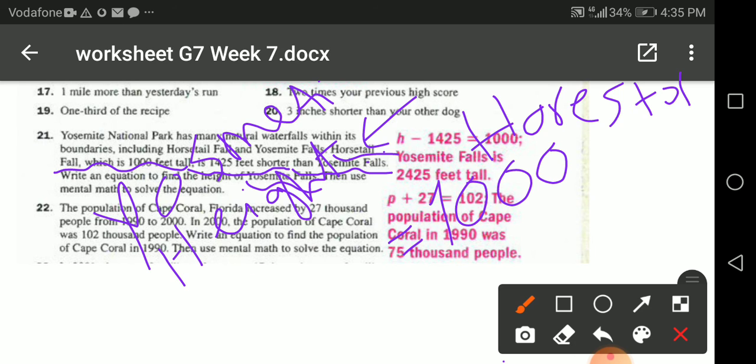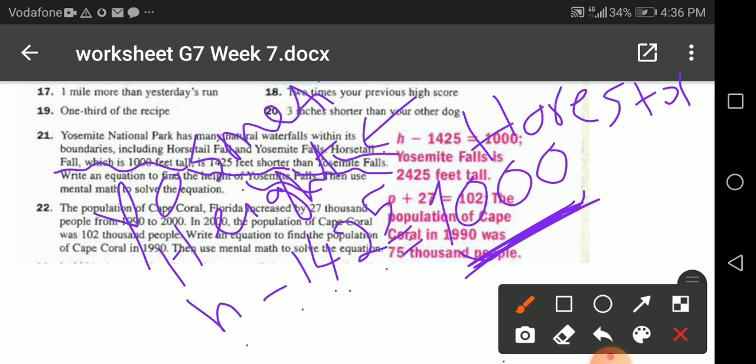And he gives you another piece of information: the height of Yosemite is less than the height of Horsetail by 1425. So height minus 1425 gives me here the Horsetail. So how can I do it?